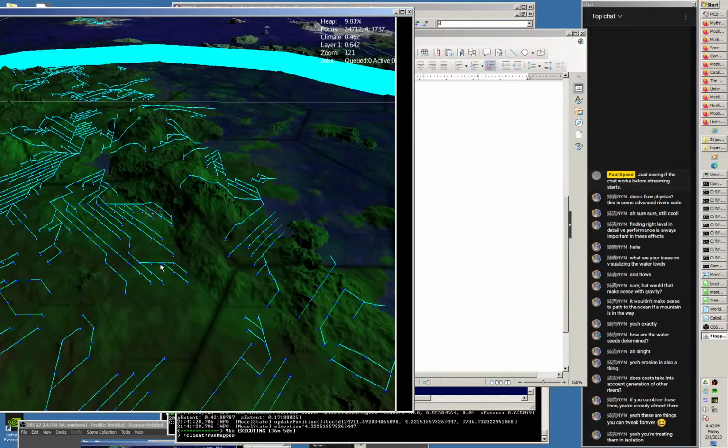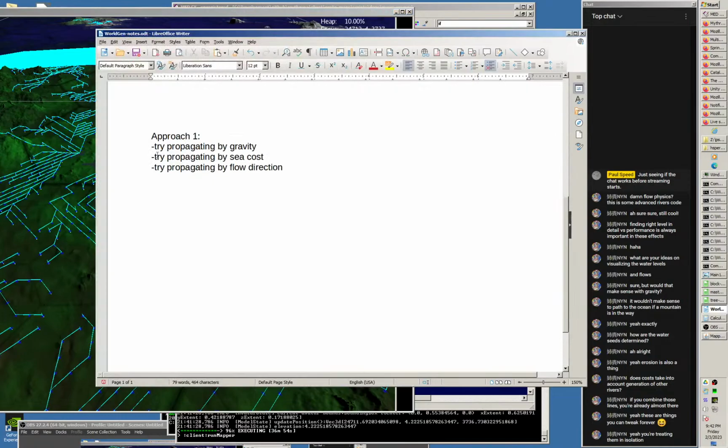Or you try all of the cells and propagate them as far as you can with gravity, and then whatever's stuck, once everybody's gone as far as they'll go, we try propagating by sea cost, then do everybody as far as they go, and then we try propagating by flow direction. So this is approaches 1A and 1B, depending on how you do it.